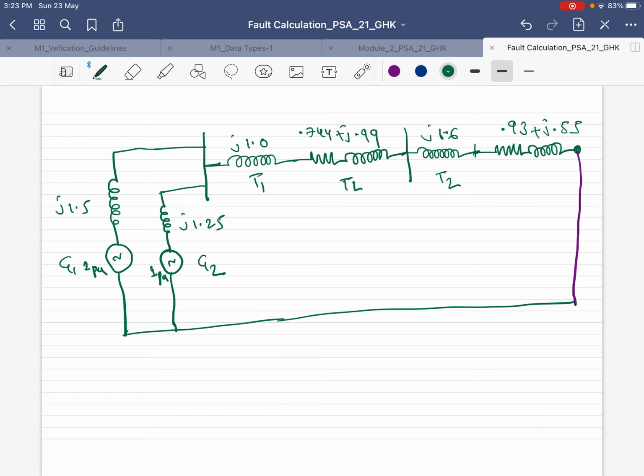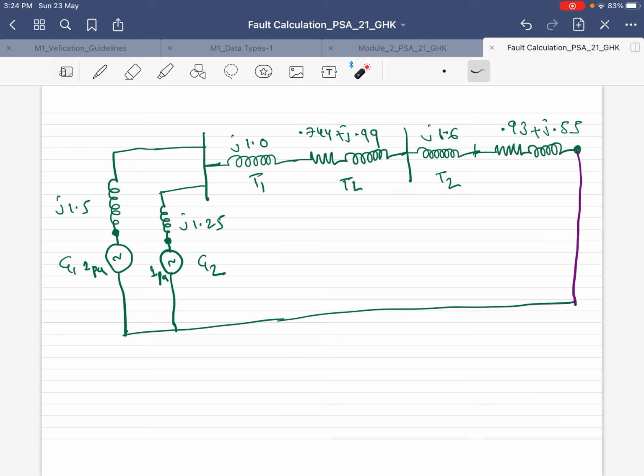Then if you look into this, these two are at the same potential of 1 per unit. If you short this, it does not make any difference, because this is also at 1 per unit voltage. These 2 points are at the 1 per unit level.